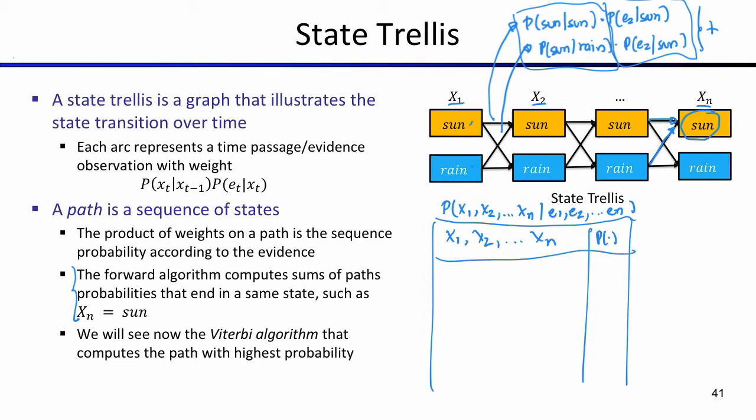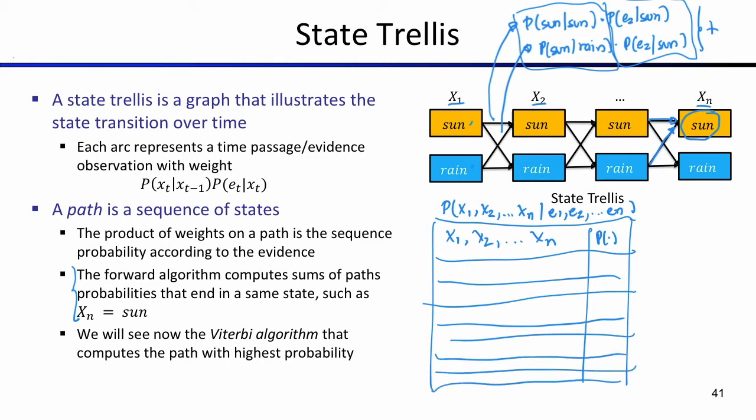We'll never compute this huge table, because it's going to be exponential in size. But at the end, we are looking at everywhere that we have sun for xn, and we do the summation of all these probabilities, and this is going to be this guy. And for all the rain entries here, we sum all those probabilities, and it's going to be the probability of rain. So that is what is going on with the forward algorithm.